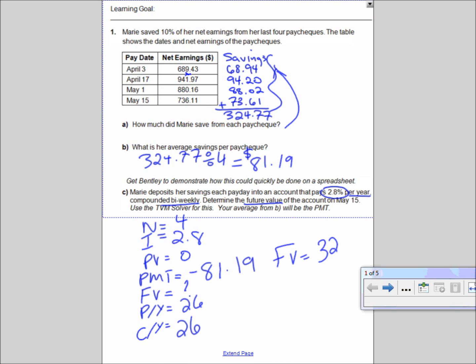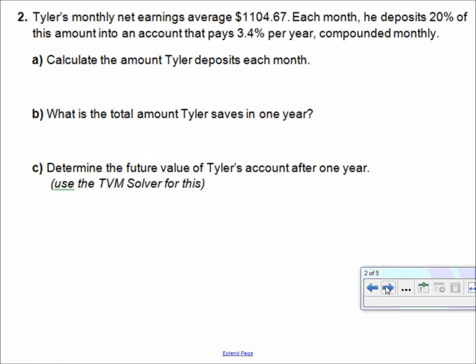It's 325.28. Just her payments alone were $324.77, and with interest, she now has $325.28. Remember, that's only 2 months though, so that's why her interest is so small. 4 payments, but 2 months.